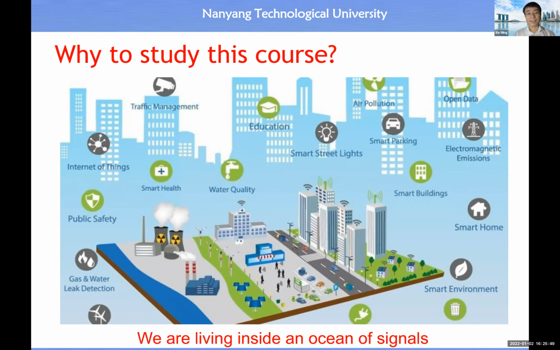Then how to understand the world? The answer is to discover the knowledge in the physical world. Then how to discover knowledge in the physical world? The answer is to make use of sensory data. Then how to obtain sensory data? The answer is to use measurement and sensing systems.